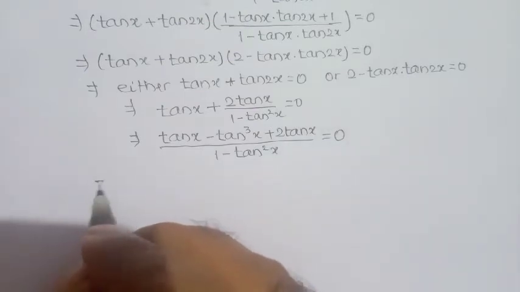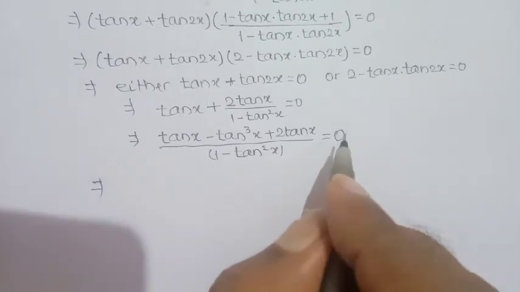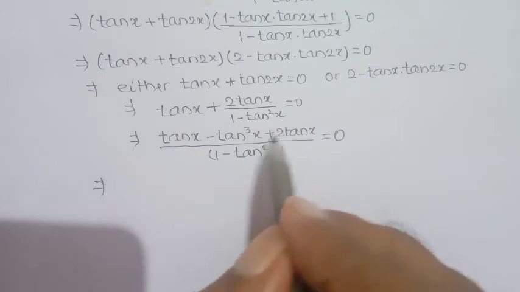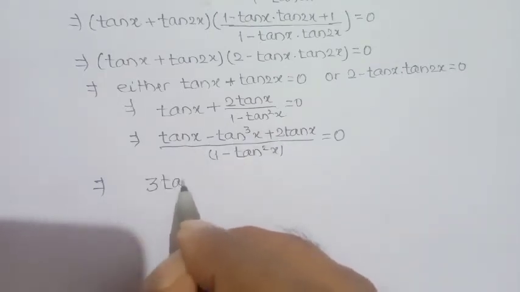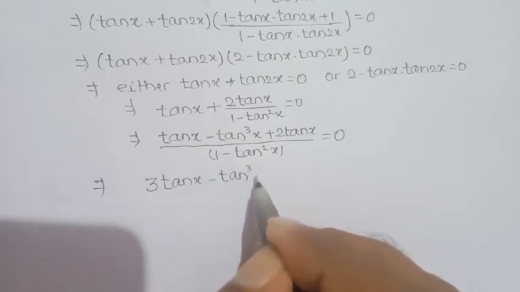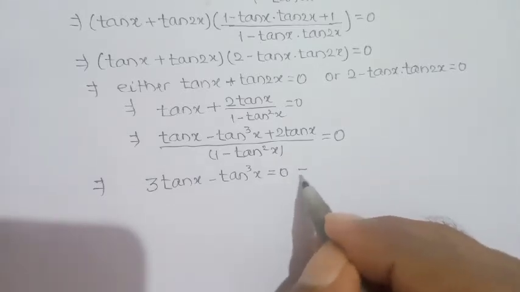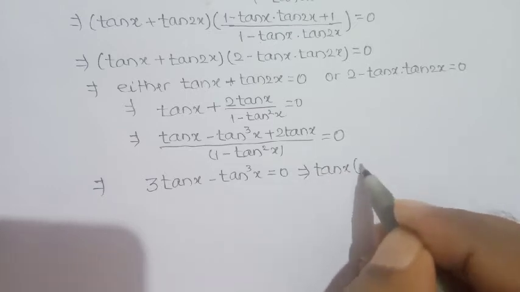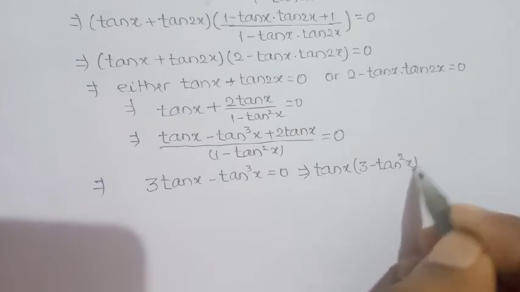Further, the denominator 1 minus tan square x when multiplied with 0 becomes 0, so it should be written as 3 tan x minus tan cube x equals 0. Take out tan x as common, so it should be tan x into 3 minus tan square x equal to 0.